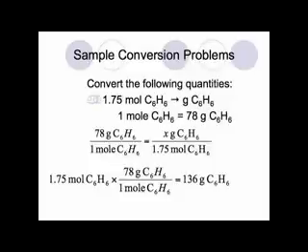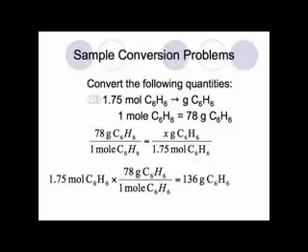So the first one, we're going to take 1.75 moles of C6H6 to grams of C6H6. I have to have an equality there between moles and grams, so I know that 1 mole of C6H6 is equal to 78 grams of C6H6. So I set my ratio.